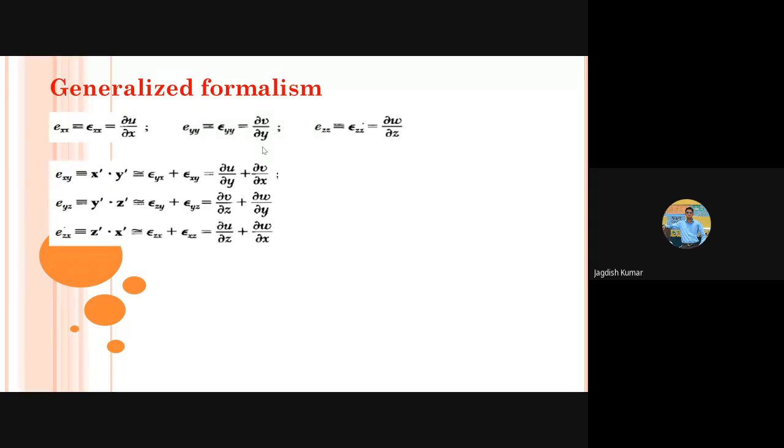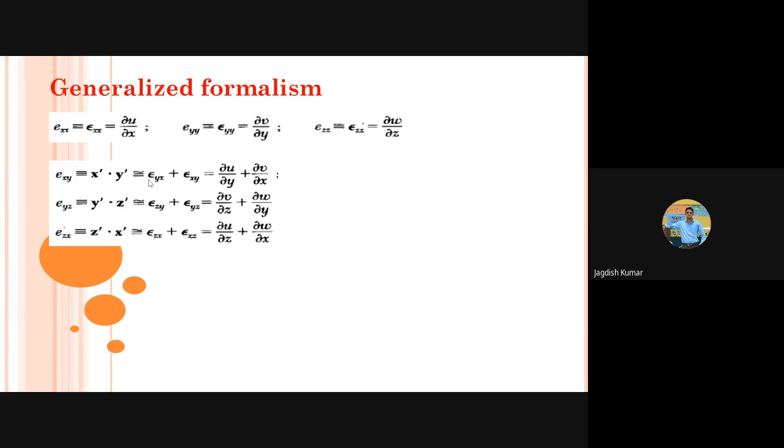So what we will be having here, first term will be EYX, plus EYX into EXX, plus second will be EXY plus EXY into EYY plus EXZ into EYZ.